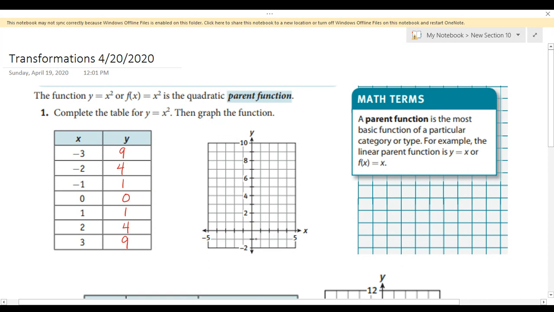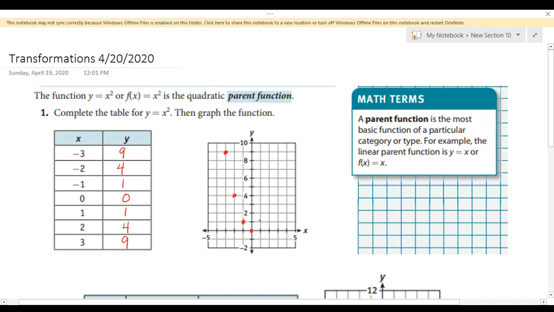So what does that look like on the graph? Well, I go negative 3, 1, 2, 3, up to positive 9. Negative 2, 1, 2, up to positive 4. Negative 1, 1, 0, 0.